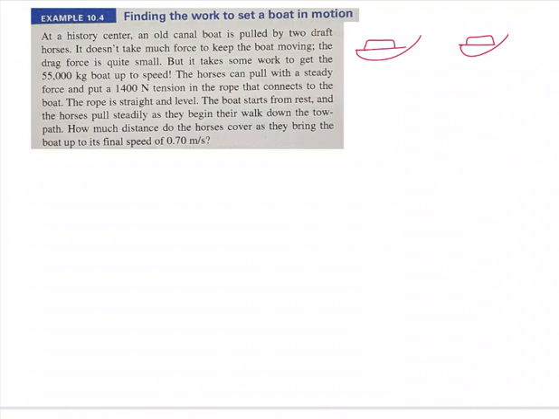And so then we have a distance that the boat has gone. And what else do we know? We know its weight. It's sped up. It's being pulled in this direction with a tension. And here, same thing, tension.